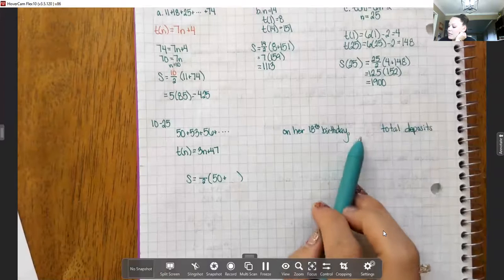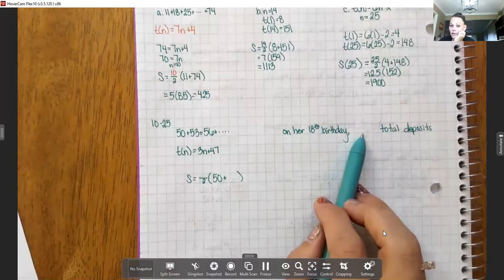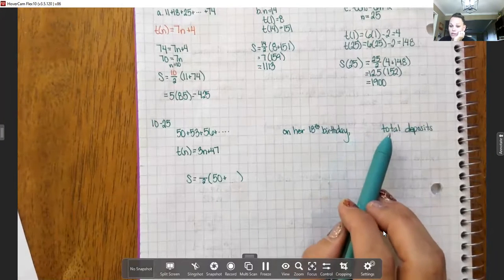So remember, he's giving her money every month up until she turns 18.